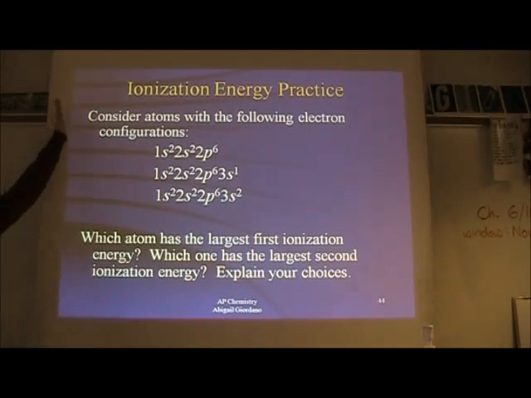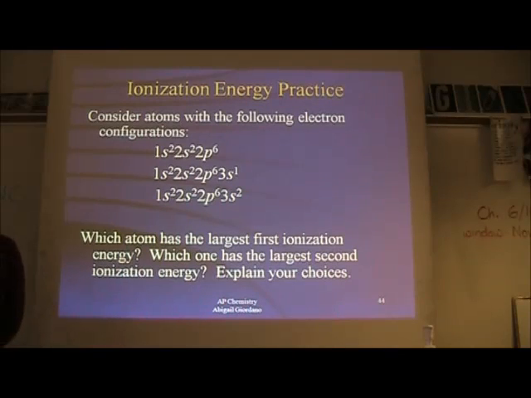This is a practice question for you. I have given you 3 different electron configurations for 3 different elements. There are 2 separate questions, which, okay, fine, you can take 2 sentences for each one. This one says, which atom has the largest first ionization energy?